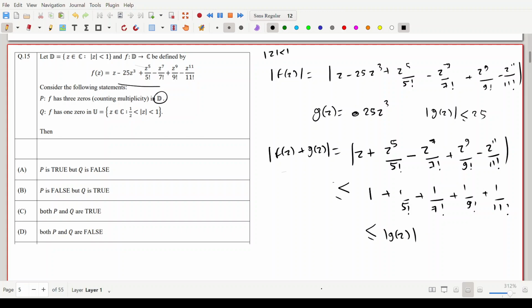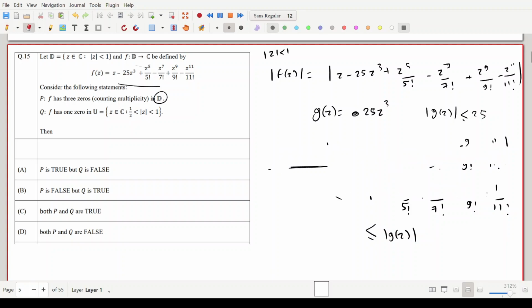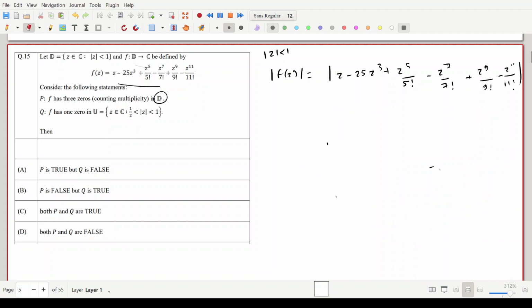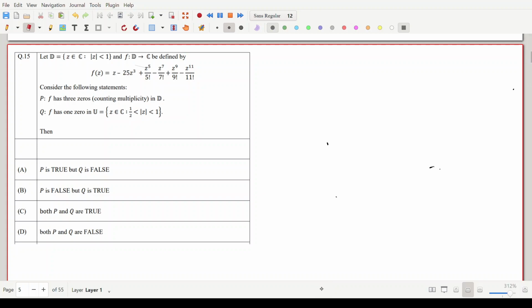So what can you conclude? This guy, f of z plus g of z, or the function f of z, has the same number of roots as g of z actually. So what do you observe? Your g of z has 3 roots. That means your function f will have 3 roots in this domain, and that is your first option, which is correct.